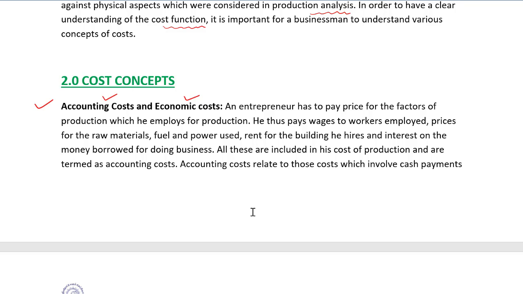We can say that accounting cost is the explicit cost. Economic cost is explicit cost plus implicit cost.